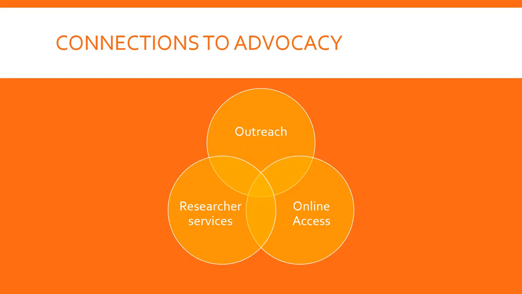And the same is true for online access. You need to be constantly evaluating how well your online resources are meeting the needs of researchers and matching the information seeking behavior of researchers.